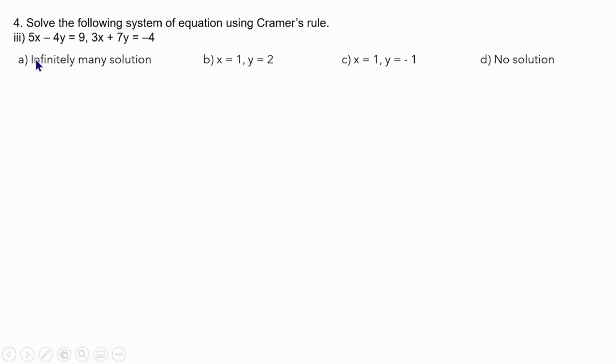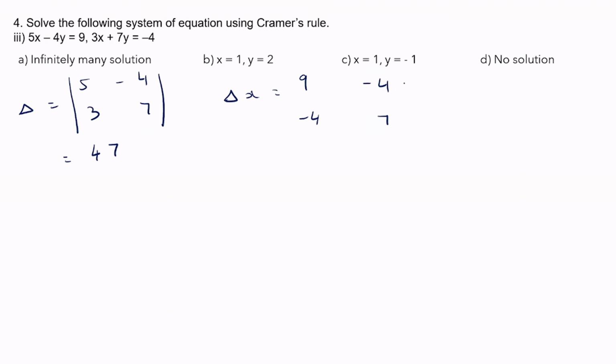The next question, 5x minus 4y equal to 9, 3x plus 7y equal to minus 4. So here delta is equal to 5, minus 4, 3, 7. So this is 35 plus 12, so 47. Then delta x is 9, minus 4, minus 4, 7.